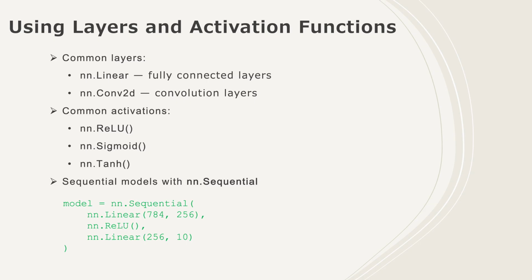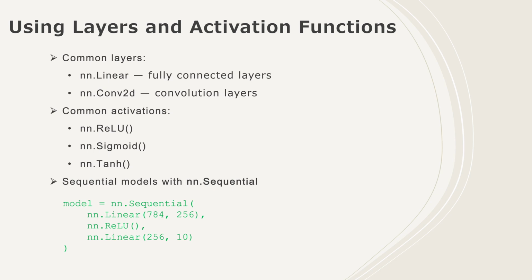In PyTorch, most neural networks are built using predefined layers from torch.nn. One of the most common layers is nn.Linear, which represents a fully connected layer. Another widely used layer is nn.Conv2d, which is the core building block of convolutional neural networks for image processing.